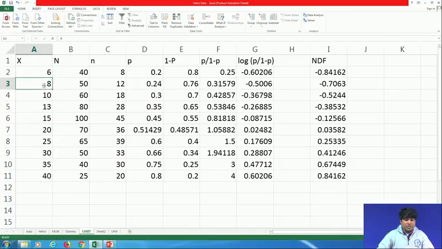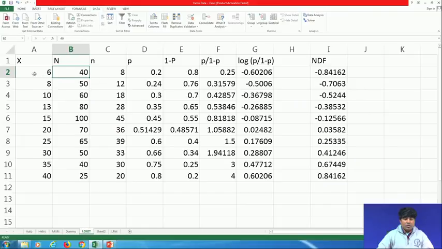That means we will rearrange the structure where X is income, starting with 6 lakhs, 8 lakhs, 10 lakhs, 13 lakhs, 15 lakhs, and up to 40 lakhs. The group sampling concept is that we pick 40 different families having 6 lakhs annual income, and ask everybody whether they have housing ownership or not.